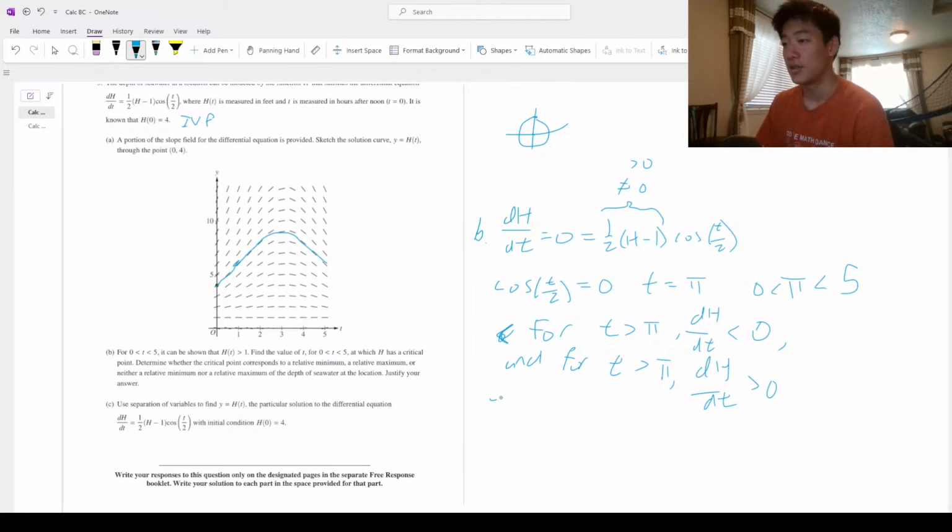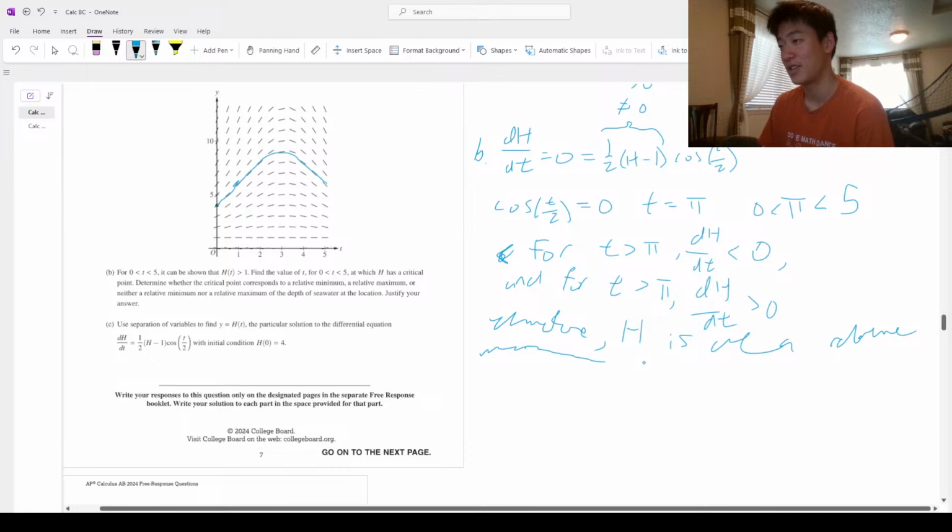That's just the justification. Therefore, h is at a relative maximum. My math handwriting is deteriorating, but okay, relative maximum.